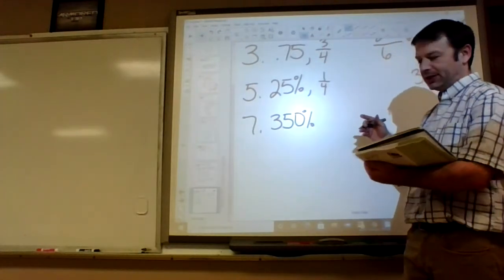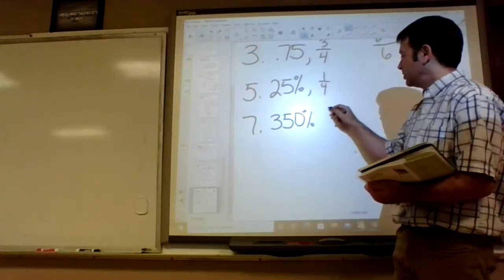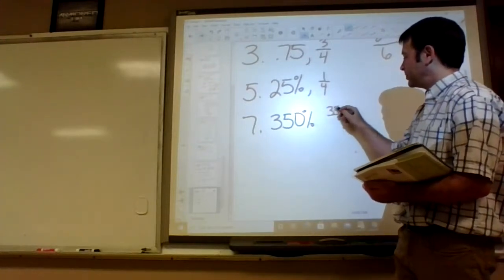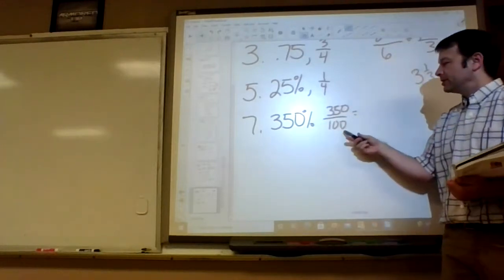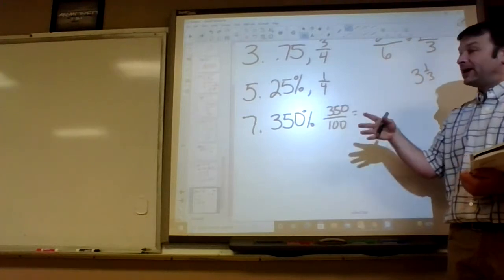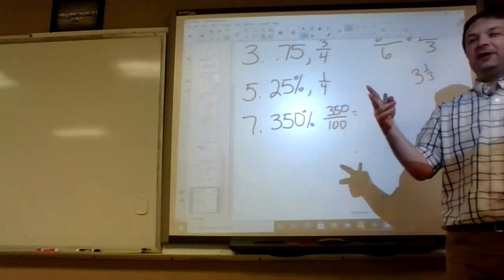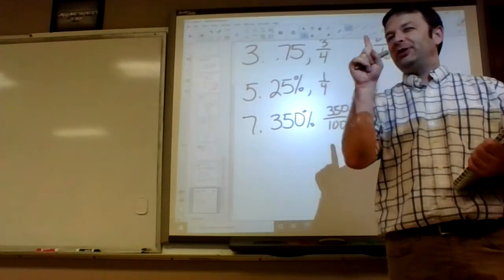What's the fraction form? 350 over 100, but what's that? You can divide by what here? 5, 10, 50. 50 is the biggest thing. If you use the biggest number, you can do it in one step.